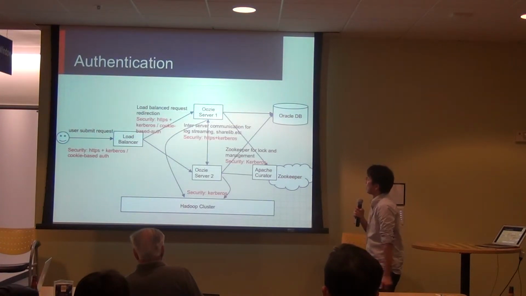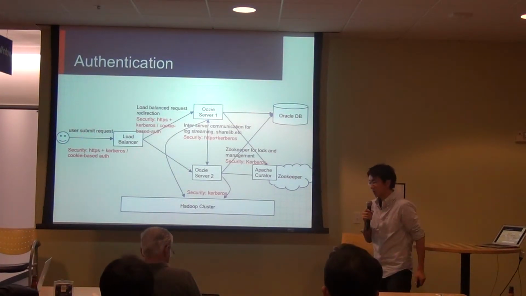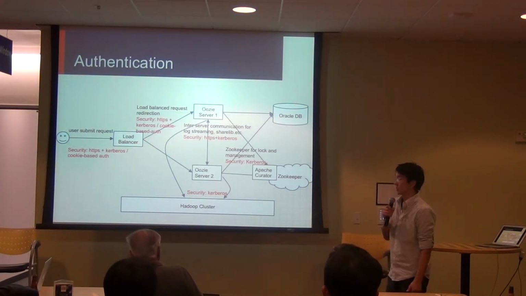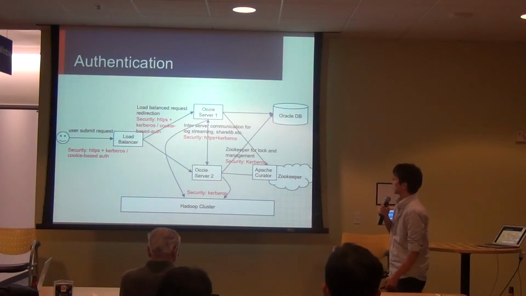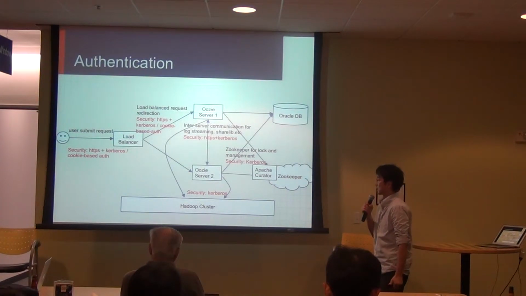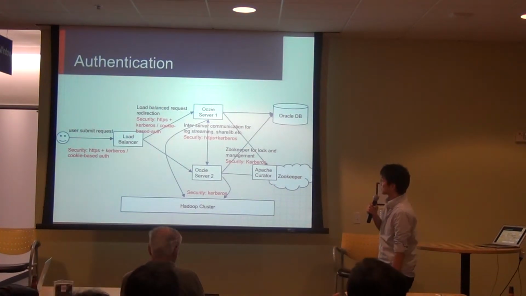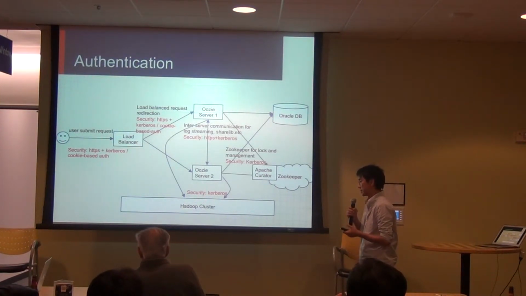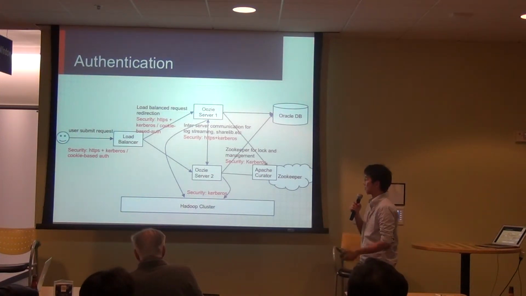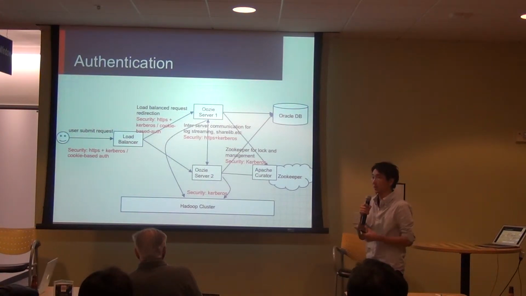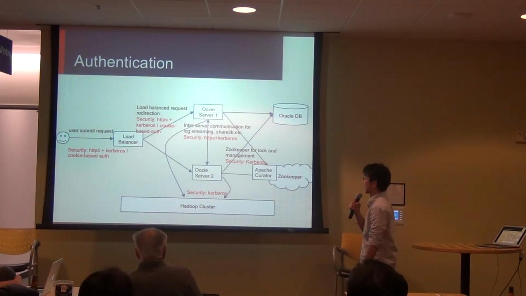So all those interactions have to come with authentication, and we are using Kerberos for those interactions. Between the Oozie server and Zookeeper, we use Kerberos. And between the user and Oozie servers in the HA setting, there could be multiple ways of setting it up, but for example, in the Yahoo setting, we have a load balancer in the middle between the user and the Oozie server.